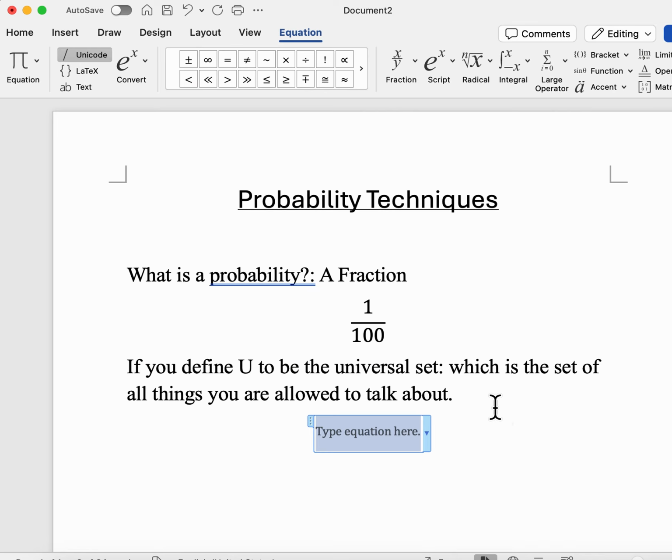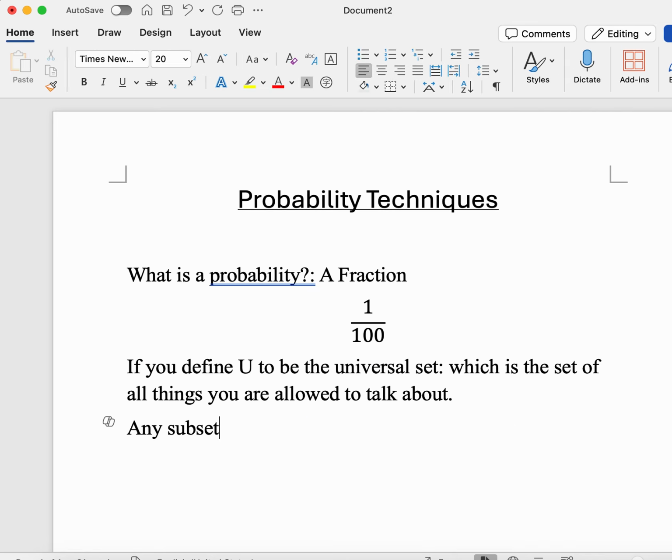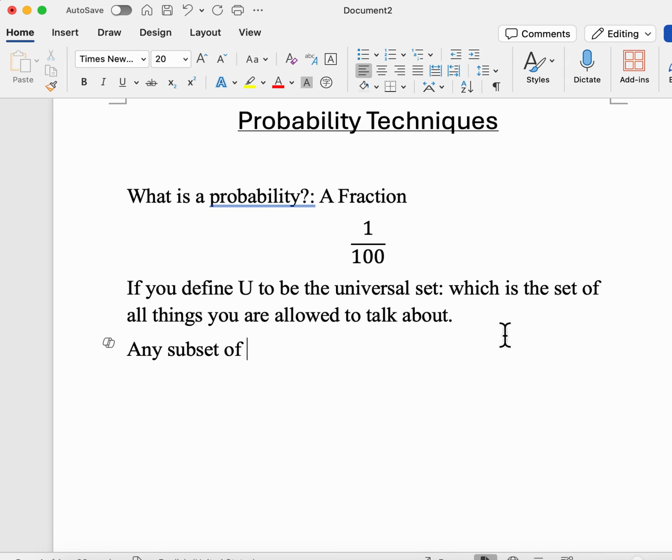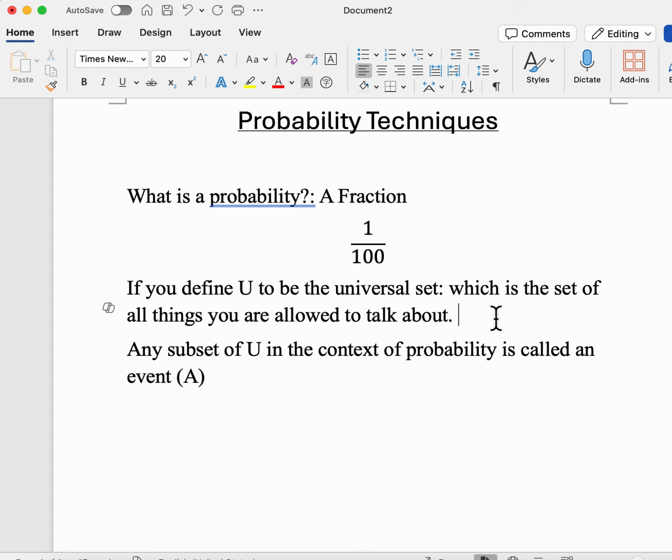Any subset of U, in the context of probability, is called an event. Let's call it A. Oh, and back to the universal set here, I don't want to go into Venn diagram talk.